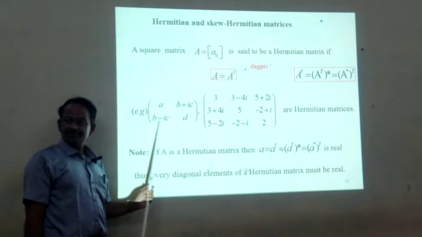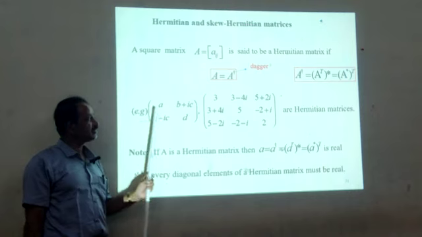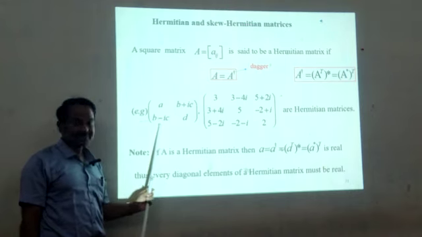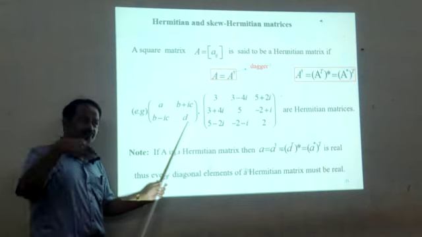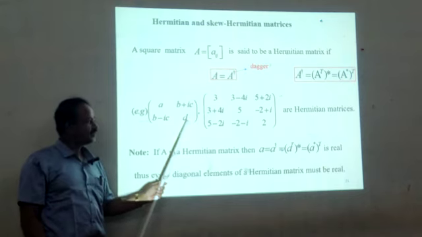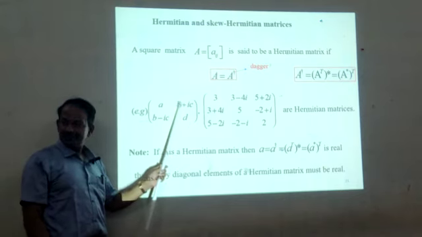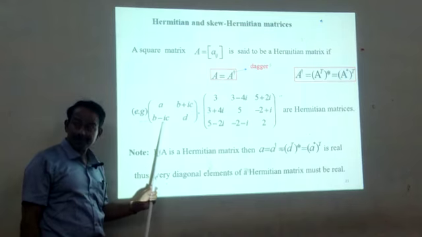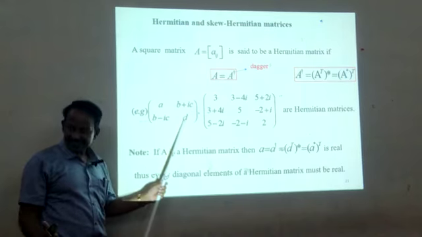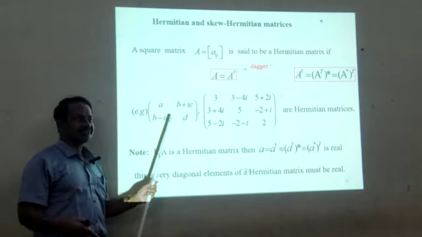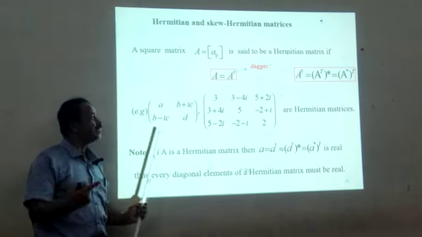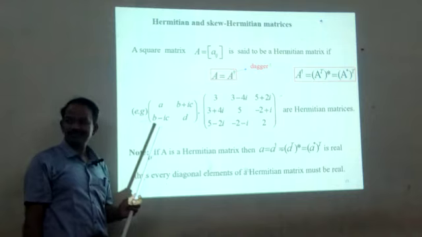What is the transpose of this matrix? a, b minus ic here, b plus ic, d. Now take the complex conjugate. Earlier a, b minus ic, here it becomes b plus ic and d. Now take the complex conjugate: this becomes a plus ic... this becomes a minus ic, which is equal to the same matrix.